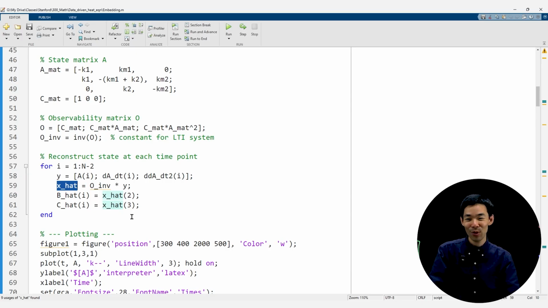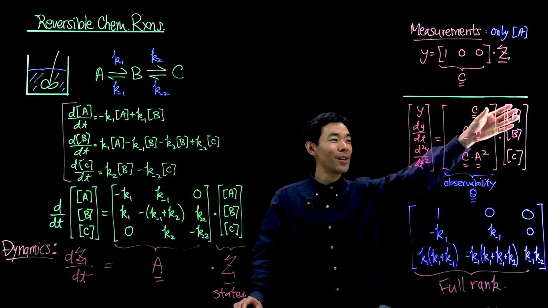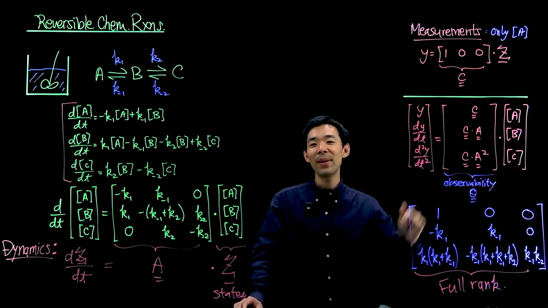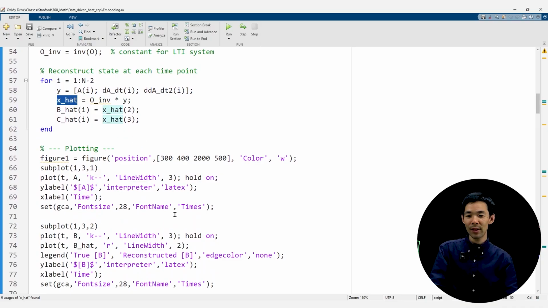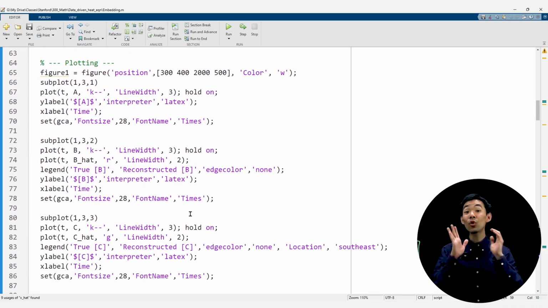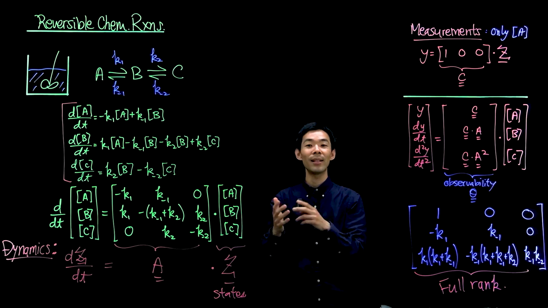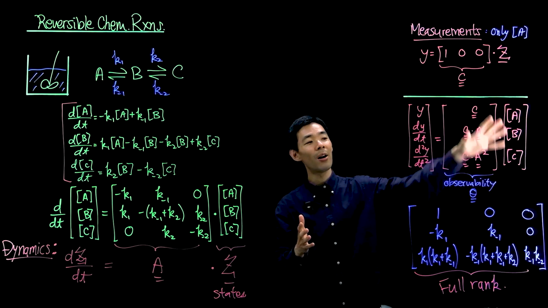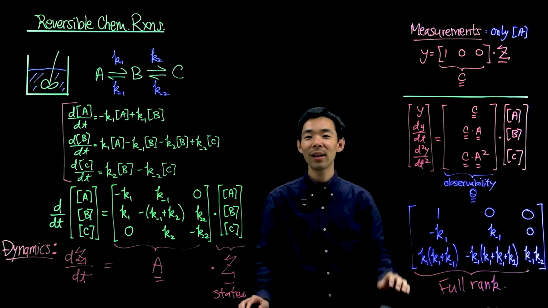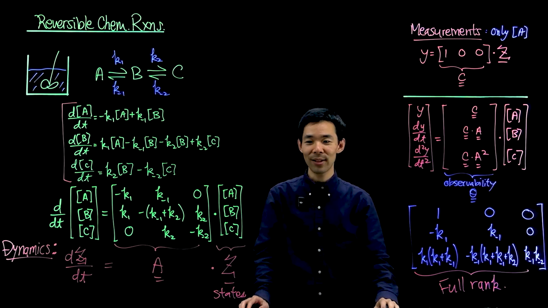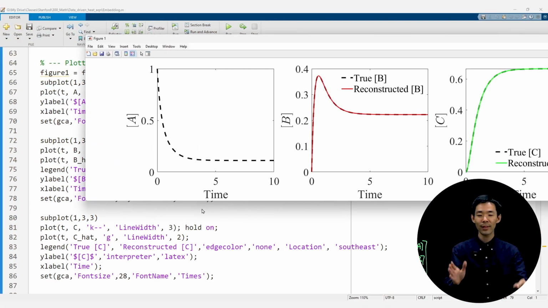We're inverting it, we're doing least squares, we're obtaining the degrees of freedom of A, B, and C. And after that, I'm just plotting them down here and comparing the true results, which came from the simulated data set that we've obtained here for B and C, and comparing it with our observability method of just directly constructing this matrix, inverting it, and obtaining our final answer. Okay, so I'm going to execute this, and this is what we get.